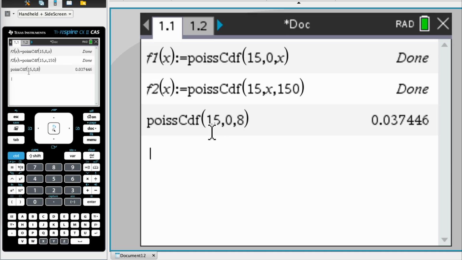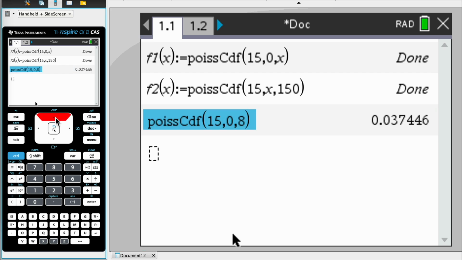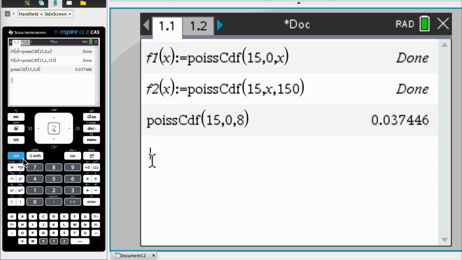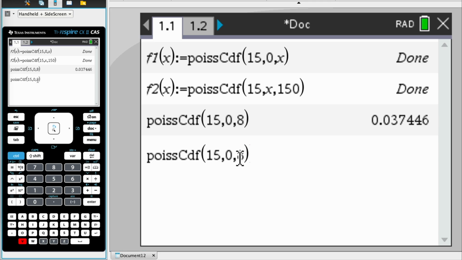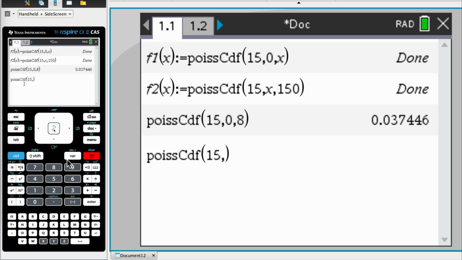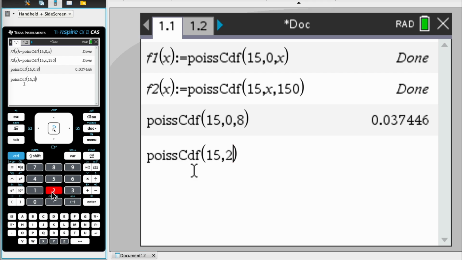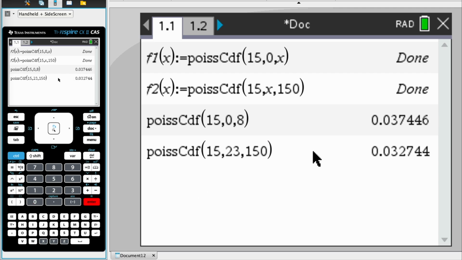And then we'll do the same thing. I'm going to just arrow up and copy all that. Control C. And right here, I will do Control V to paste it. And I'm now going to change my bounds. So the upper critical region was 23 or larger. So we'll do comma, some really big number, 150 will do the trick, hit enter.